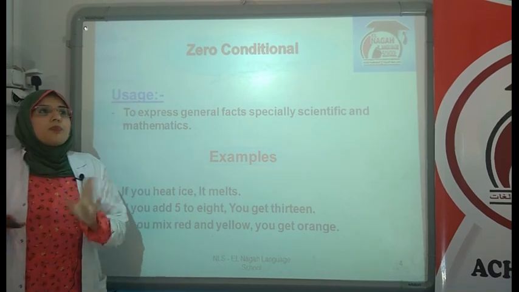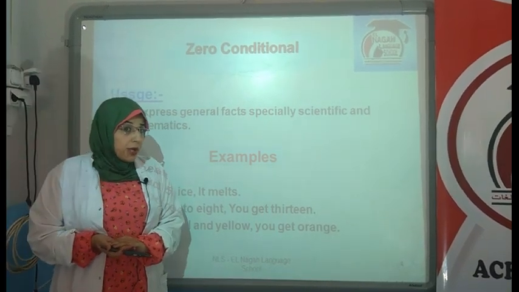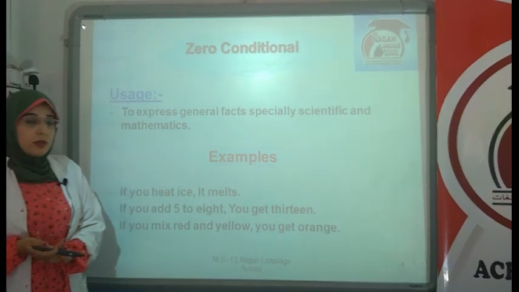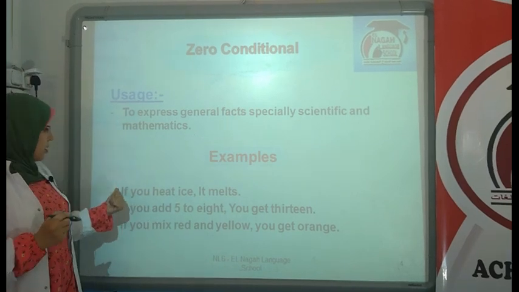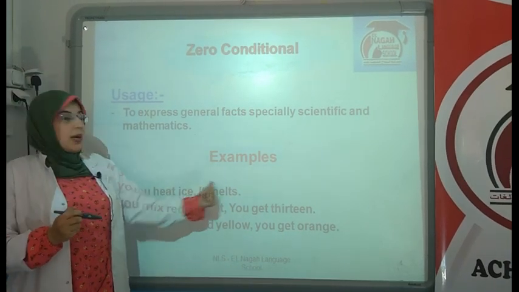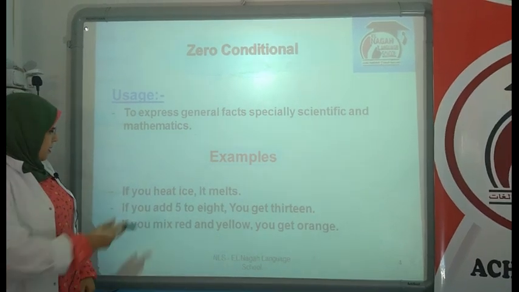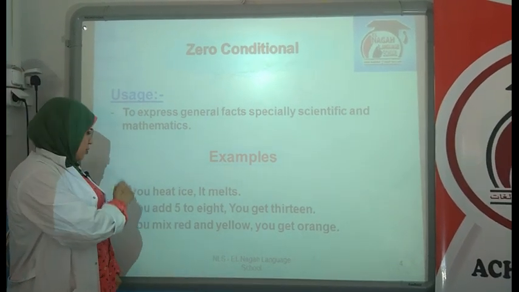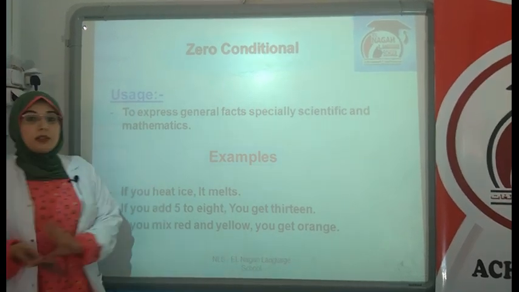Okay, so do you know how to extract the rule? What is the rule? Let's have a look at one example. If you heat ice, it melts. Look at the first clause. If, sure, we put the word if. The verb, is it in which tense?